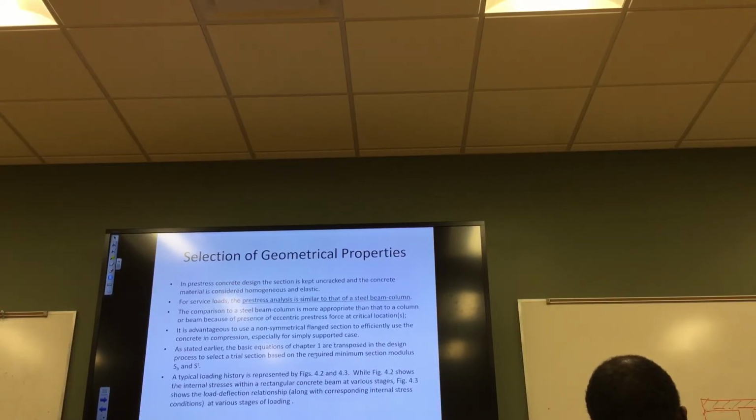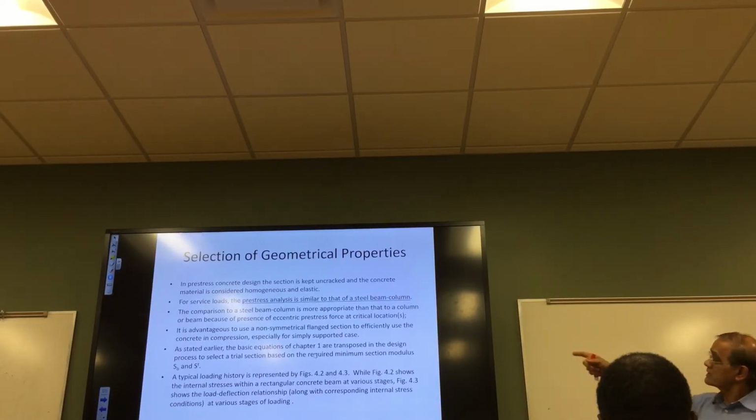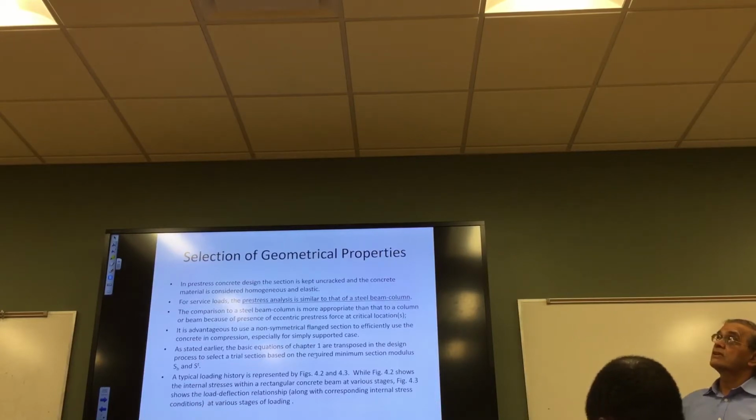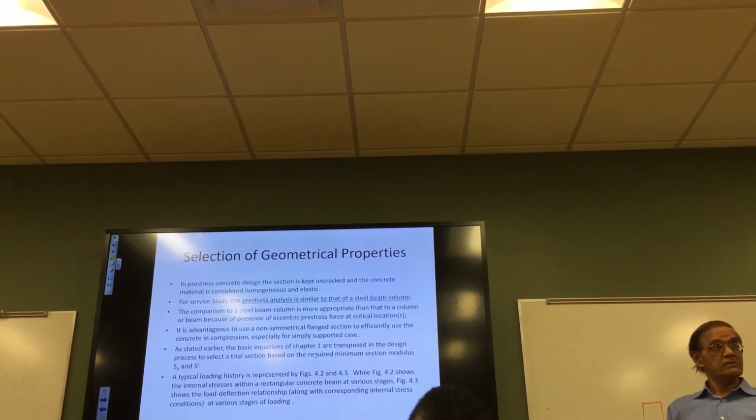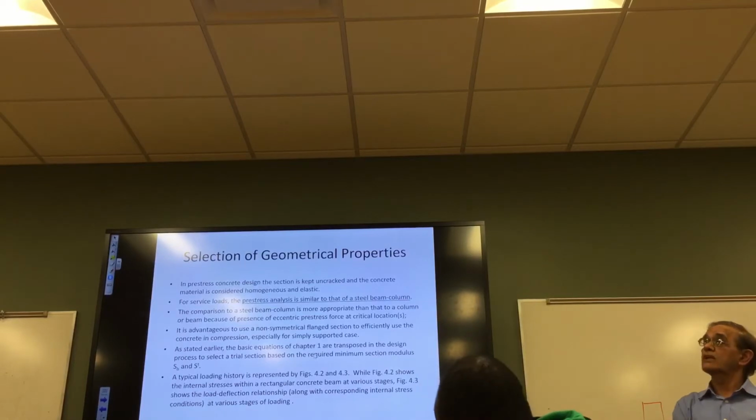So you do this. In pre-stressed concrete, steel is stronger and concrete is weaker, so you need a whole lot of area in compression. So it is still efficient. This one is very drastic. In pre-stressed concrete it's not as drastic, because for service load most of the section is in compression, except for the last part.